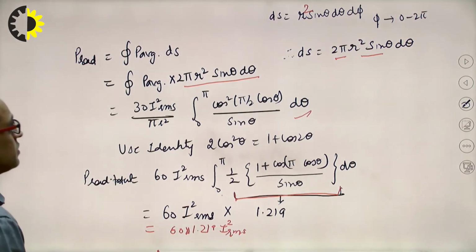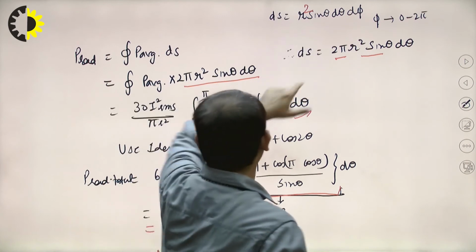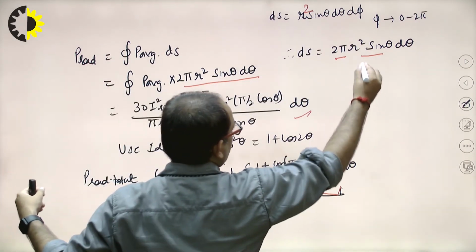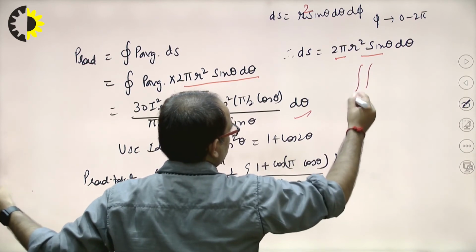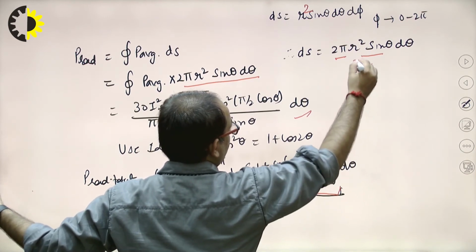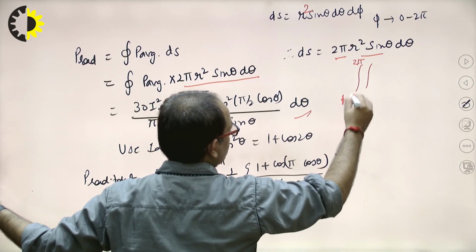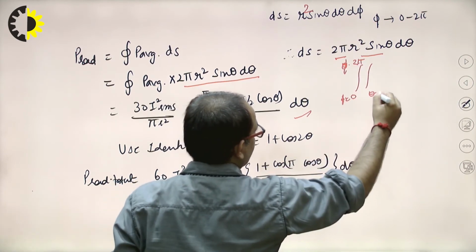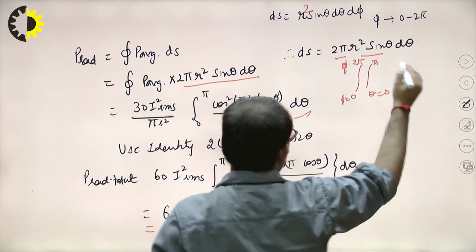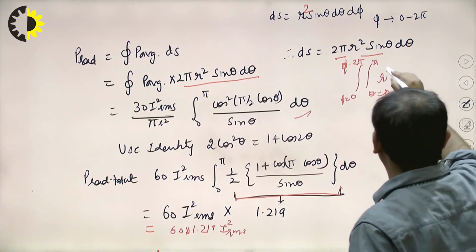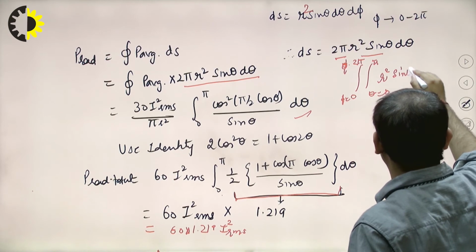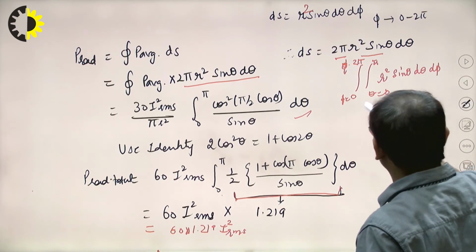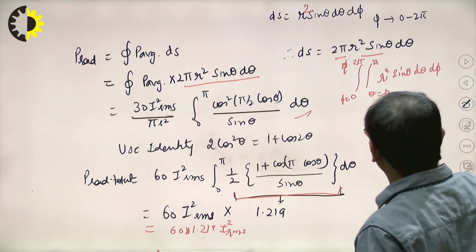Clear? Now how can you get that? It is 2 pi r squared sin theta d theta. Now see this one, phi will vary from 0 to 2 pi and theta will vary from 0 to pi, that is r squared sin theta d theta d phi. Now on integrating this one, you will get what?